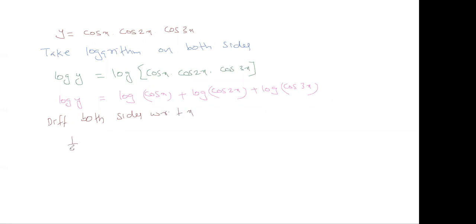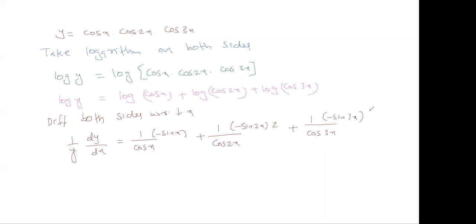So 1 by y into dy by dx is equal to, log x form, log x is 1 by x, so 1 by cos x, multiplied by the derivative of cos x, minus sin x, plus 1 by cos 2x, multiplied by the derivative of cos 2x, minus sin 2x into 2, plus 1 by cos 3x into the derivative of cos 3x, minus sin 3x into 3.